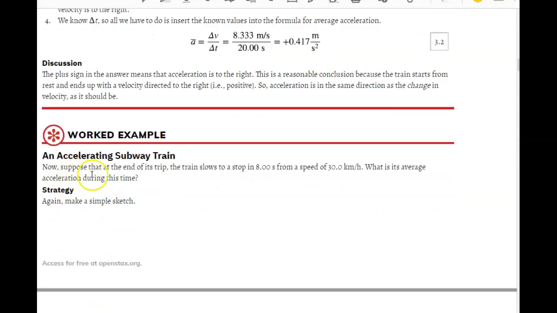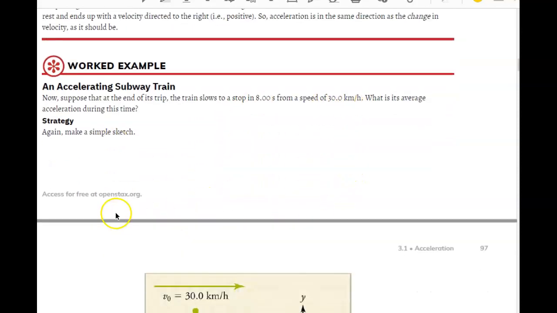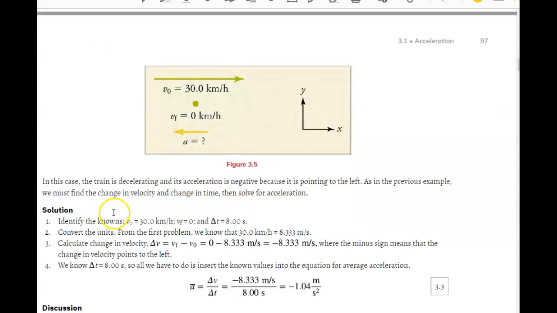So now it says, suppose at the end of the trip, the train slows down to a stop in 8 seconds from the speed of 30 kilometers per hour. What's the average acceleration? So that means it's going from 30 to 0 in 8 seconds. We already know that 30 is the 8.33.